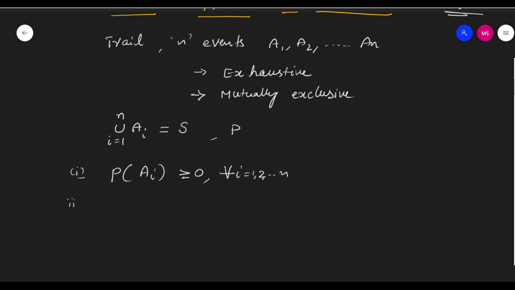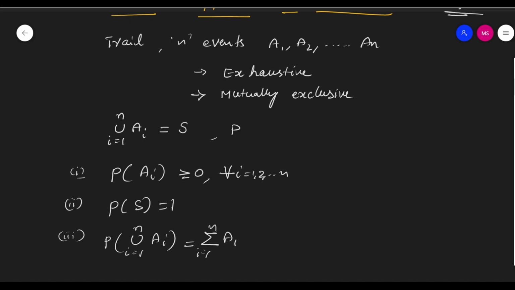Second one is P of S is equal to 1, and the third one is P of the union i running from 1 to n of Ai is equal to the summation i running from 1 to n of P of Ai.